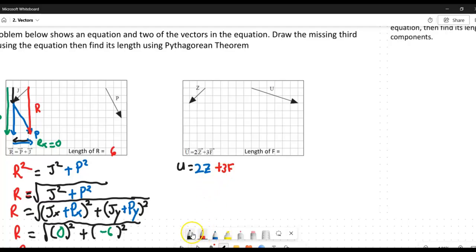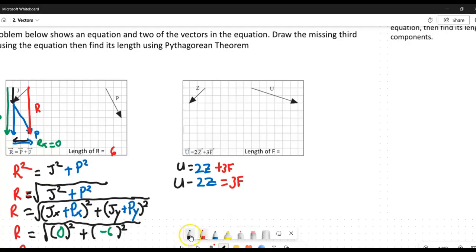In order to solve for f, we have to subtract the 2z onto the other side. So this is going to be u minus 2z, because you've subtracted it from both sides, and that is equal to 3f.